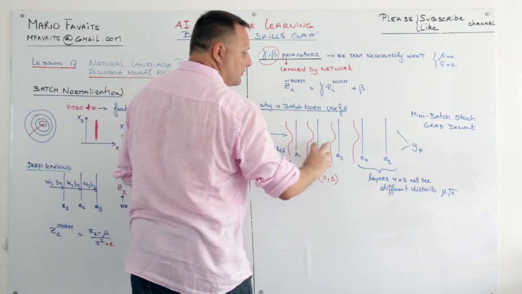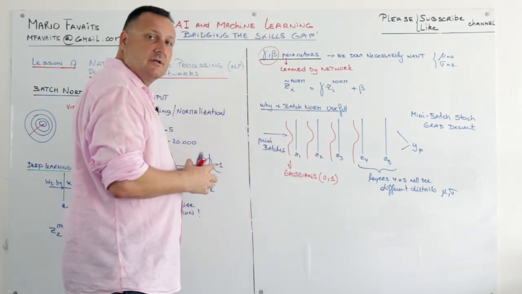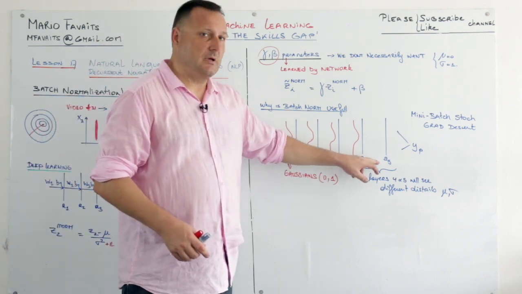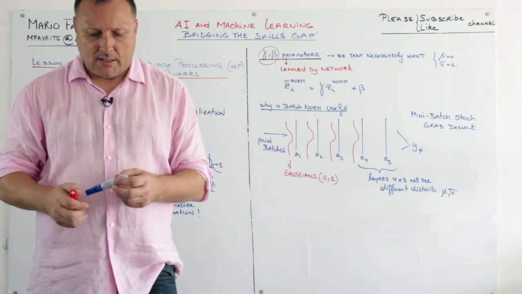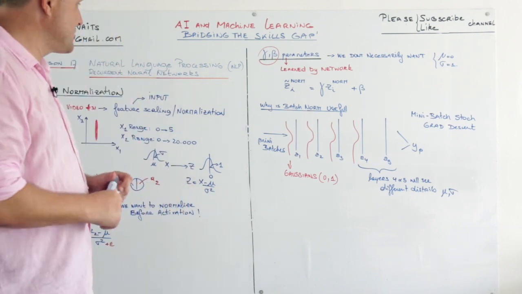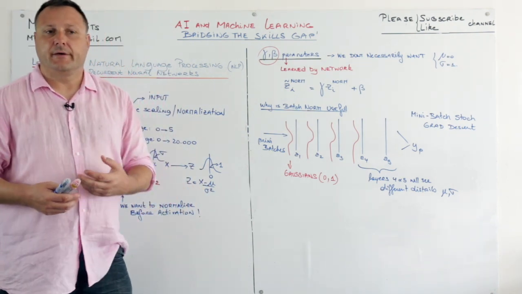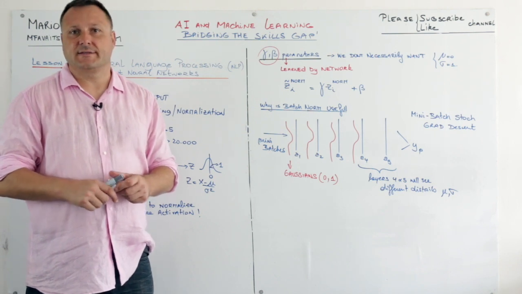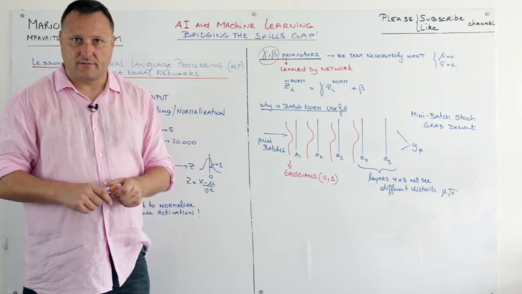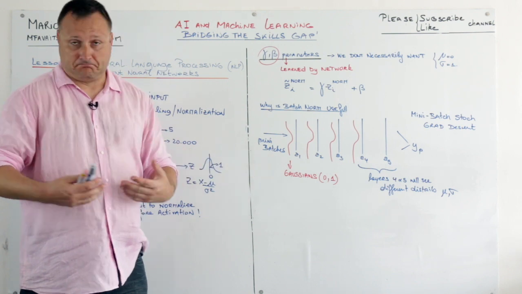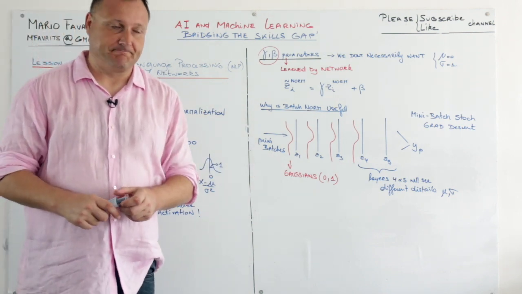So it will reduce the variation seen by these 2 layers. It's not a question to use batch normalization or not. Batch normalization is the de facto standard. And we will use it in most cases. All right.